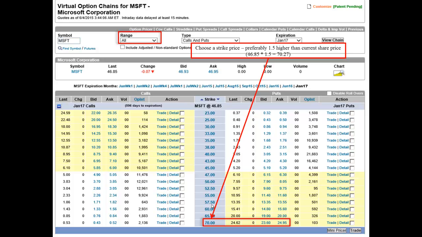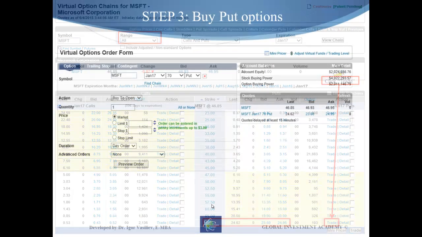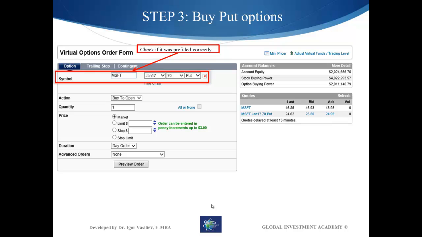Again, because our calculation showed us that we need a price of $70.27, you understand that strike prices are kind of even numbers, so we choose $70. It's the closest number, and that's what we do. Then you just click trade, and it will be pre-filled everything for you. So you just check if it was pre-filled correctly.